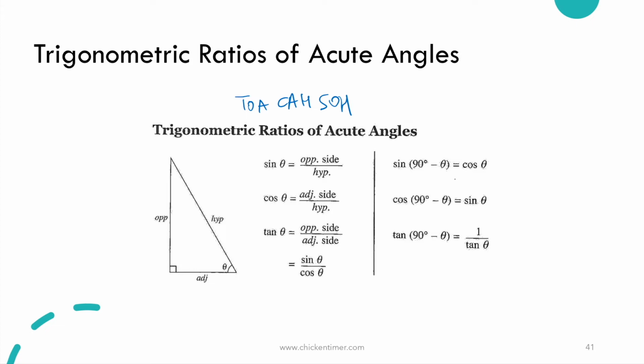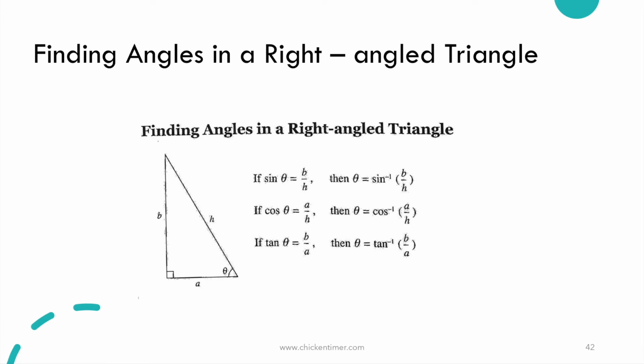Then we also have other relations that you need to remember. Then again, knowing those ratios, you must know how to find the angles inside the right angle triangle using that.